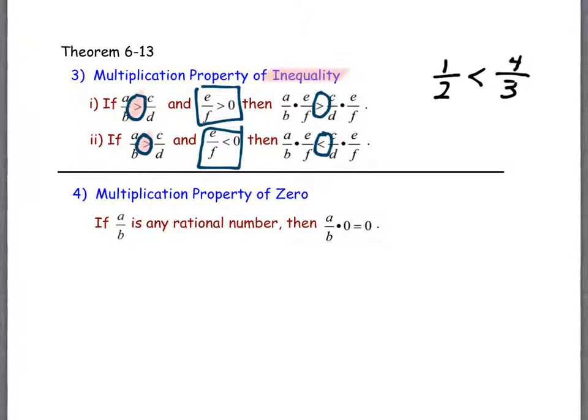So this works great. If I multiply by 3 on both sides, it's still going to work. If I multiply by 6 on both sides, it's still going to work. If I multiply by 2/4 on both sides, it's still going to work. It doesn't matter what I multiply by, the inequality stays the same as long as it's positive. But if I multiply by a negative, and just for ease, I'm just going to multiply by -1 because it's the easiest one to multiply by.